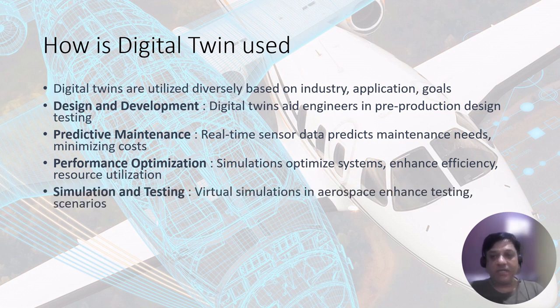Then simulation and testing, which is again a very important thing, wherein we try to test the real-time conditions and different scenarios. This is used in industries like aerospace, where aerodynamic simulations and crash testing can be performed virtually.